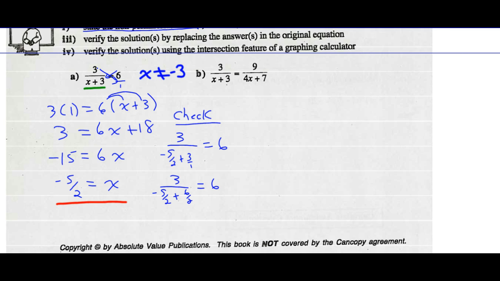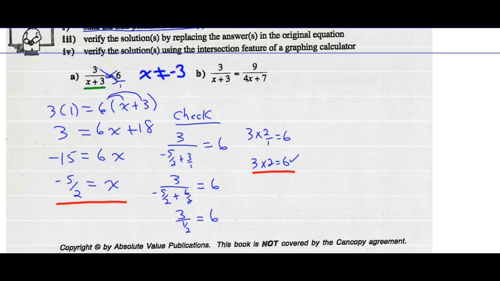So I've got 3 over -5 halves plus 6 halves is 1/2. So 3 over a half should equal 6. Well, 3 divided by half is like saying 3 times the reciprocal, 2 over 1. Well, that should equal 6. Yeah, 3 times 2 is 6, so it checks out. That was quite a bit of work to do an algebraic solution, algebraic check, but it did work out.